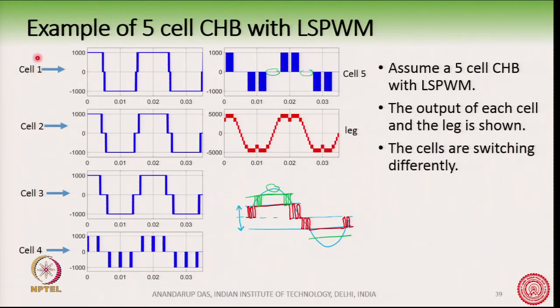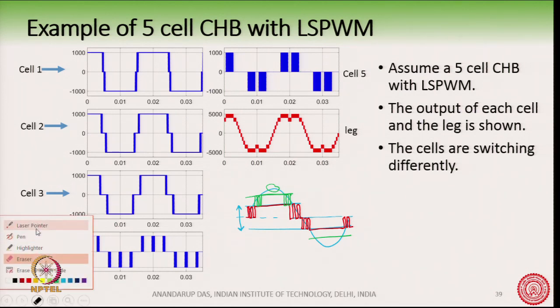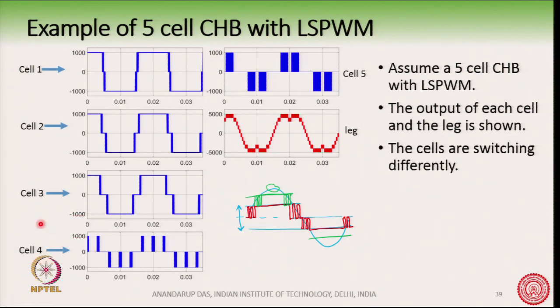If you compare the output waveform of cell 1 and cell 5, you can very readily see that the losses of cell 1 and cell 4 are markedly different. For example, cell 1 has a switching loss here and a conduction loss here, because it is clamping the voltage there, whereas cell 5 is not switching at all, it is 0 voltage here and there is a lot of switching here.